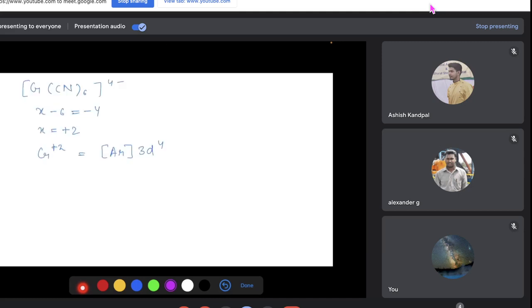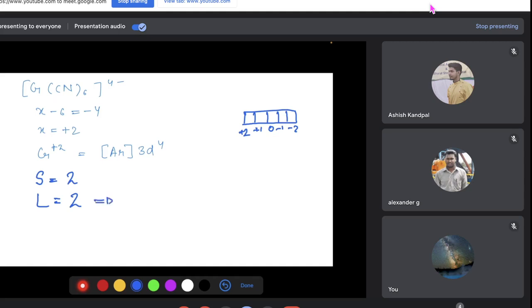Now, coming to our question, which was asked about this complex where my chromium is +2 and the configuration I can write as argon 3d4. So for the electronic configuration 3d4, the S value will be 2 and the L term will again be 2 as I have shown earlier.